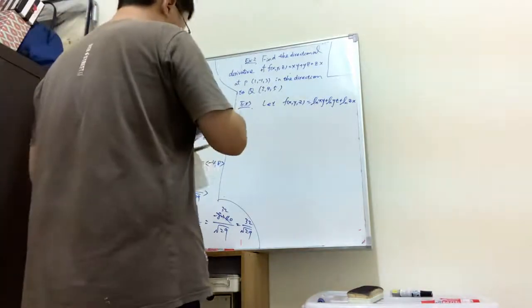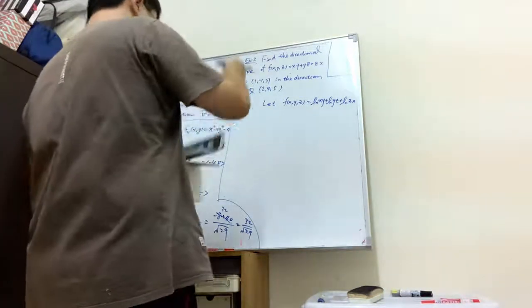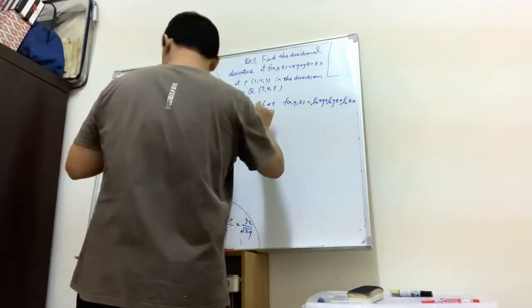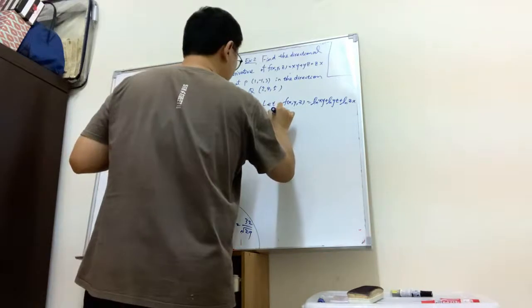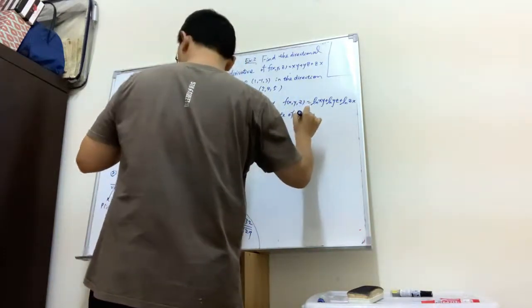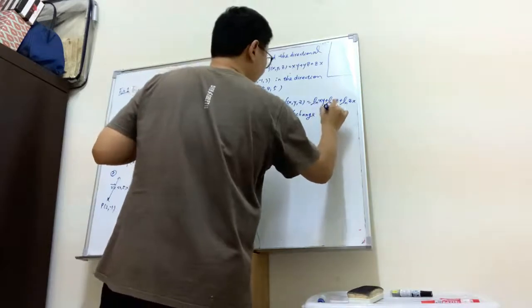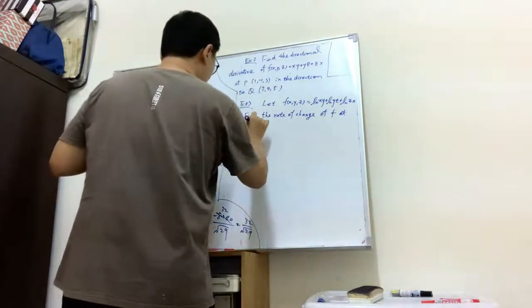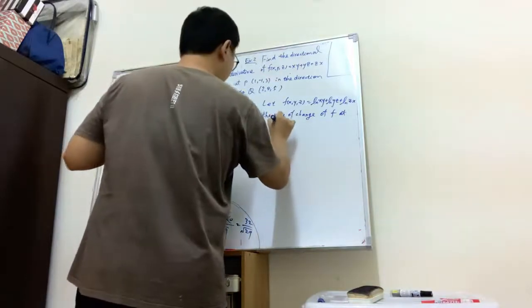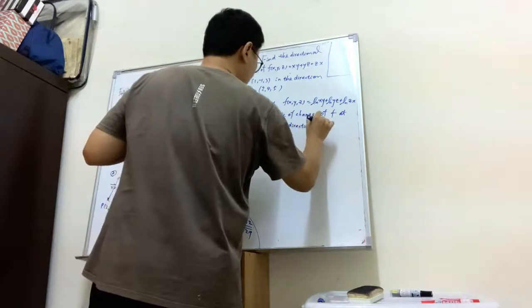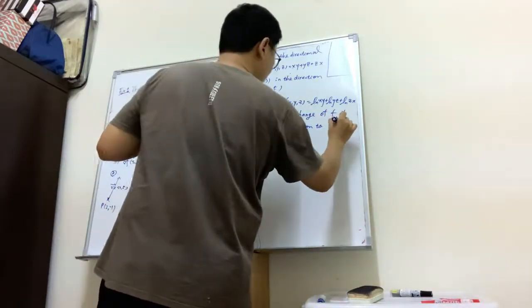Oh, for the first statement, it's the same. The second statement: find the rate of change of f at the point P (1, 1, 1) in the direction to Q (2, 0, 3).